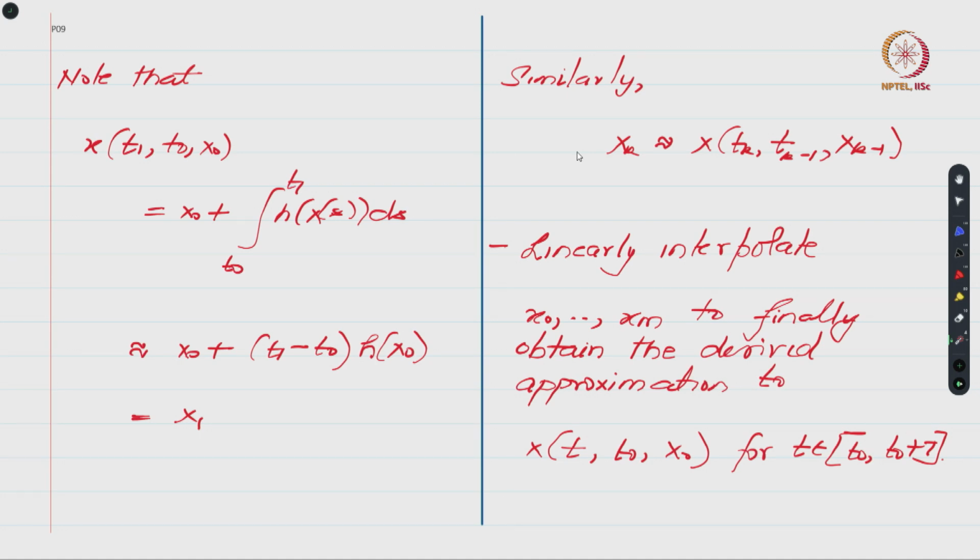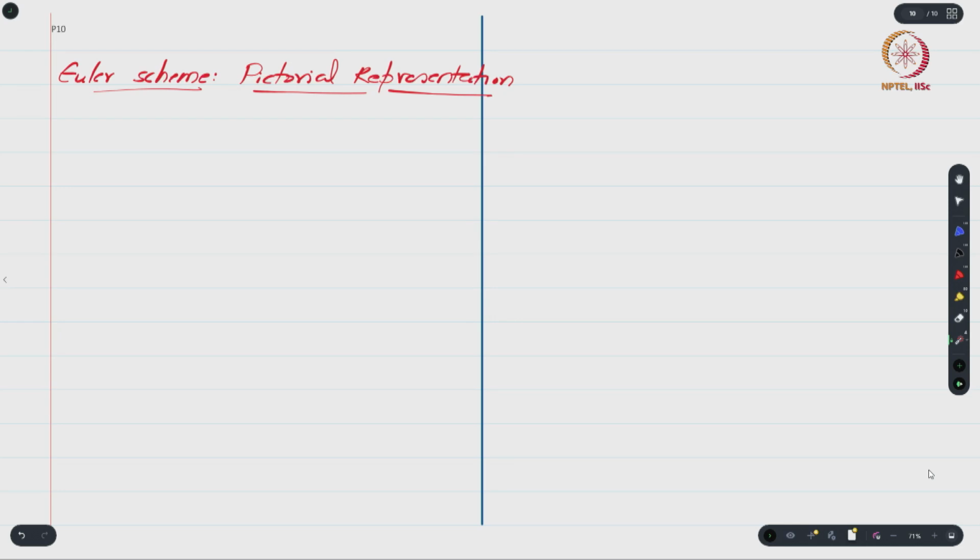And the last step in the Euler approximation is to linearly interpolate these x0 to xm, and whatever is the resultant trajectory we will perceive as an approximation to the true solution trajectory for any t between t0 and t0 plus T, right.